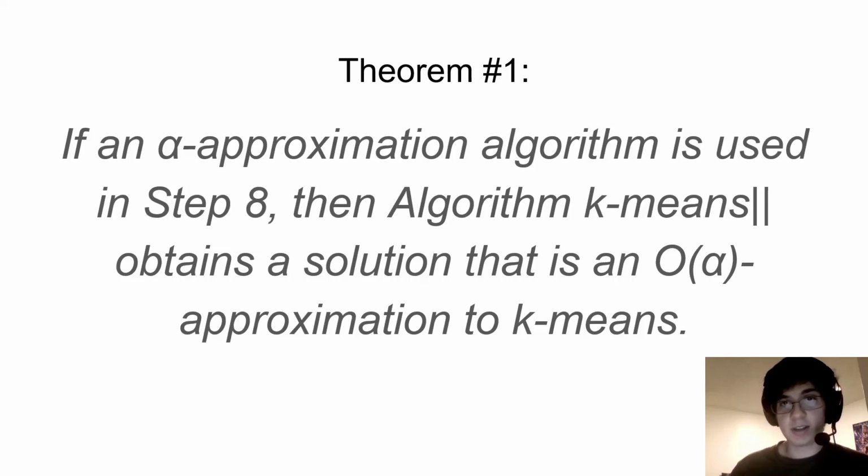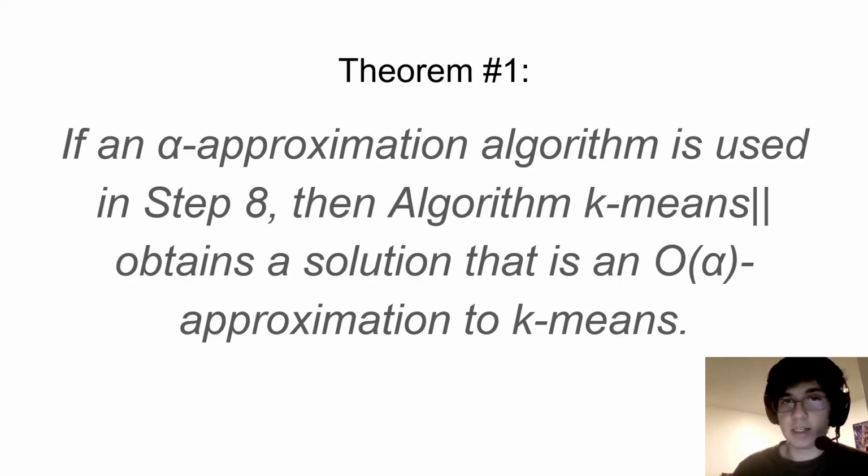So theorem 1 is saying that if we use an algorithm with a known accuracy approximation, such as k-means plus plus, which has an O of log k approximation, then we can get the same accuracy as k-means plus plus, which is pretty nice. We just have to prove that it's a constant factor approximation.